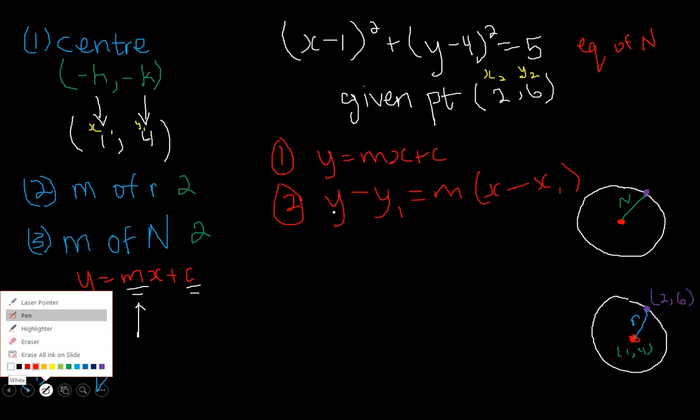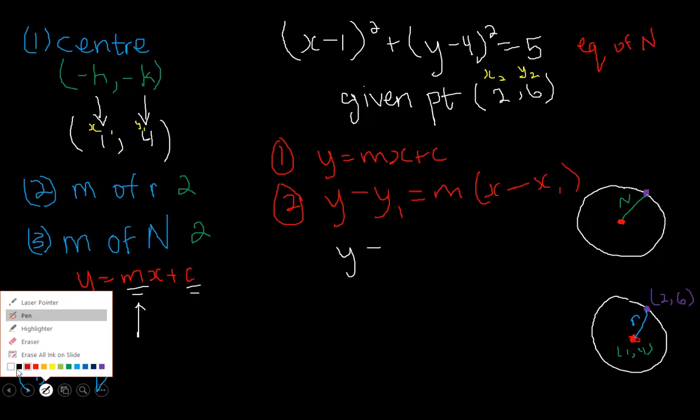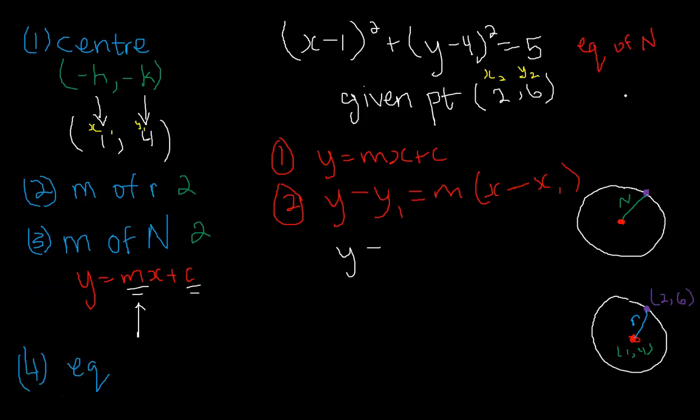So let me use this. You put back y minus. When you have the normal, you can use either point. Why? Because both of these points lie on the normal. Unlike the tangent, let me draw another thing.